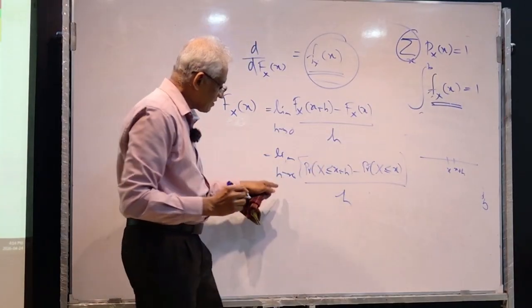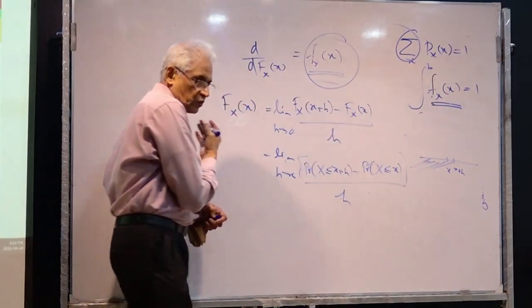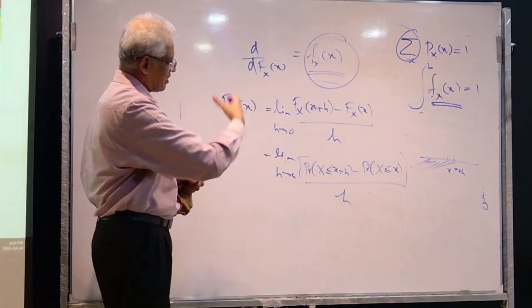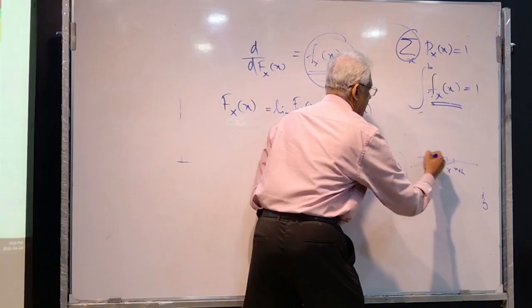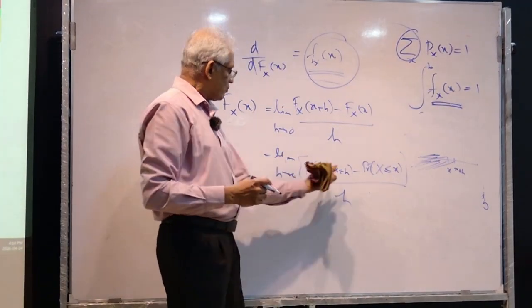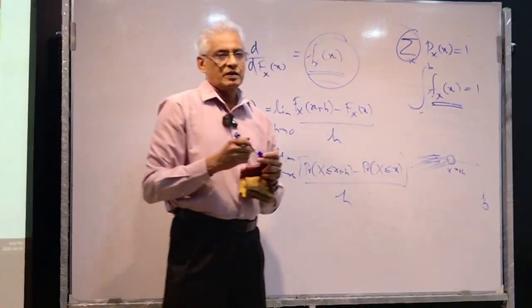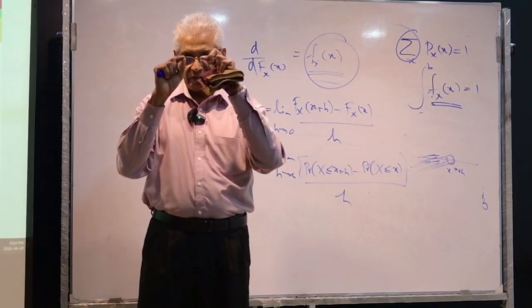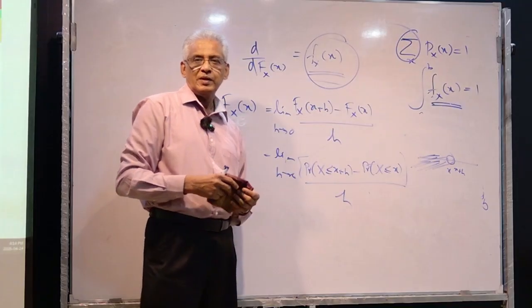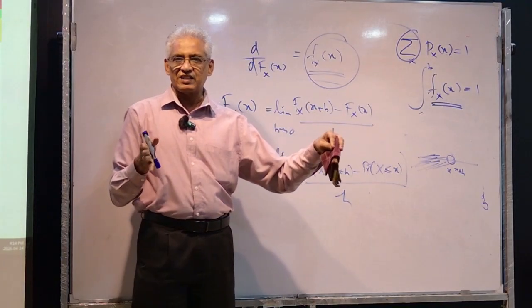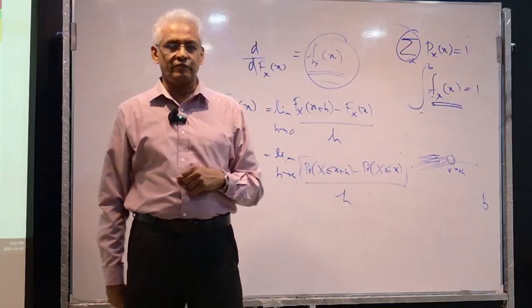The probability that X is less than or equal to x+h is the probability that X exists in the interval up to x+h, starting from infinity or whatever the starting point is, and the probability that X is less than or equal to x is the probability that X exists in the interval up to x. So the difference gives you the probability that X exists in this short interval. When you divide that by h, you get the probability divided by the length. That's what you call the density, probability density.